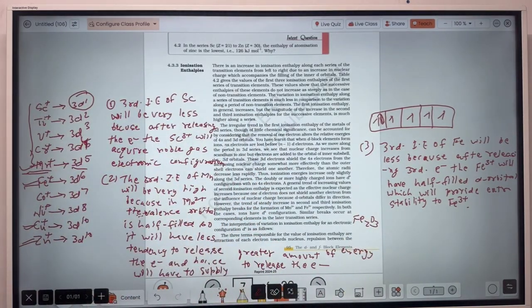Now here iron is done. Then after that it goes on to copper, after releasing 2 electrons here. After releasing 2 electrons, the copper will have the d9 configuration.